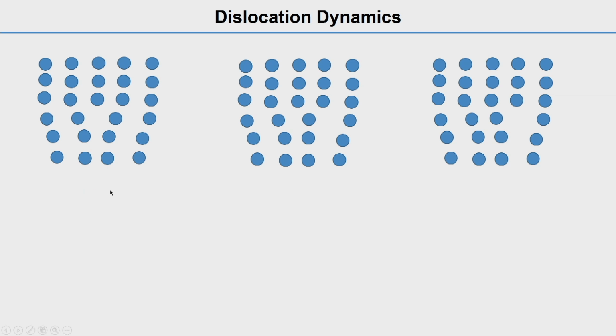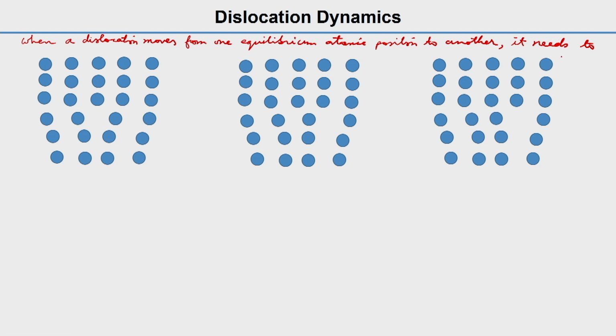To see the Peierls-Nabarro stress, we need to understand that when one dislocation moves from one equilibrium atomic position to another, it needs to cross an energy barrier, and that is called the Peierls-Nabarro barrier.